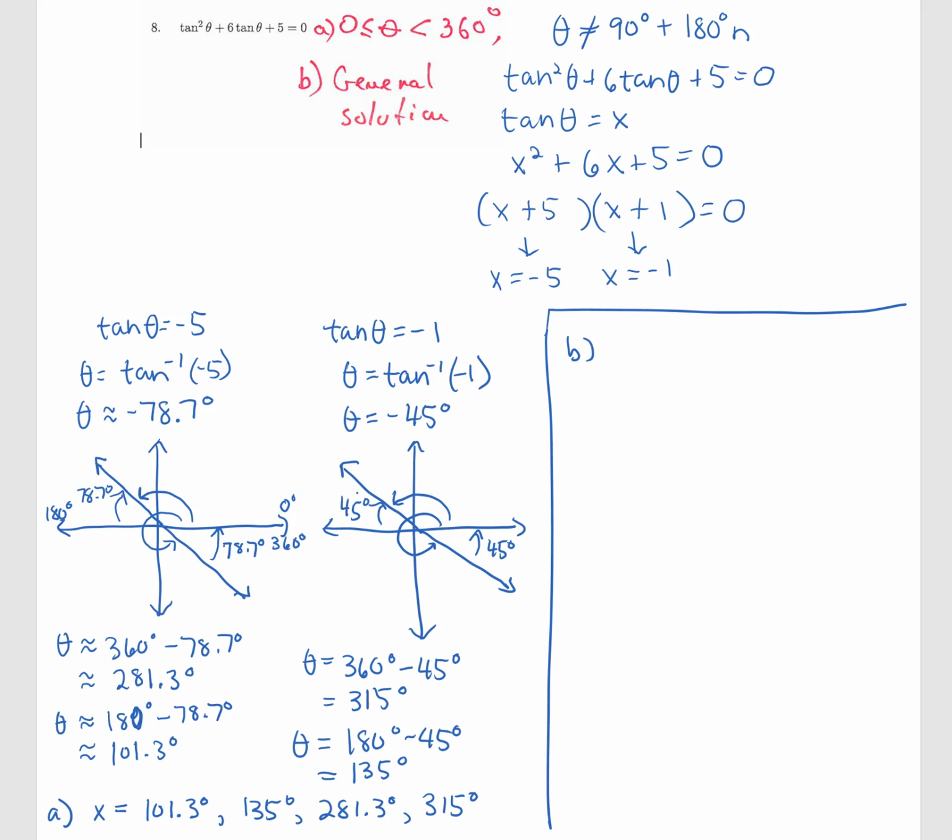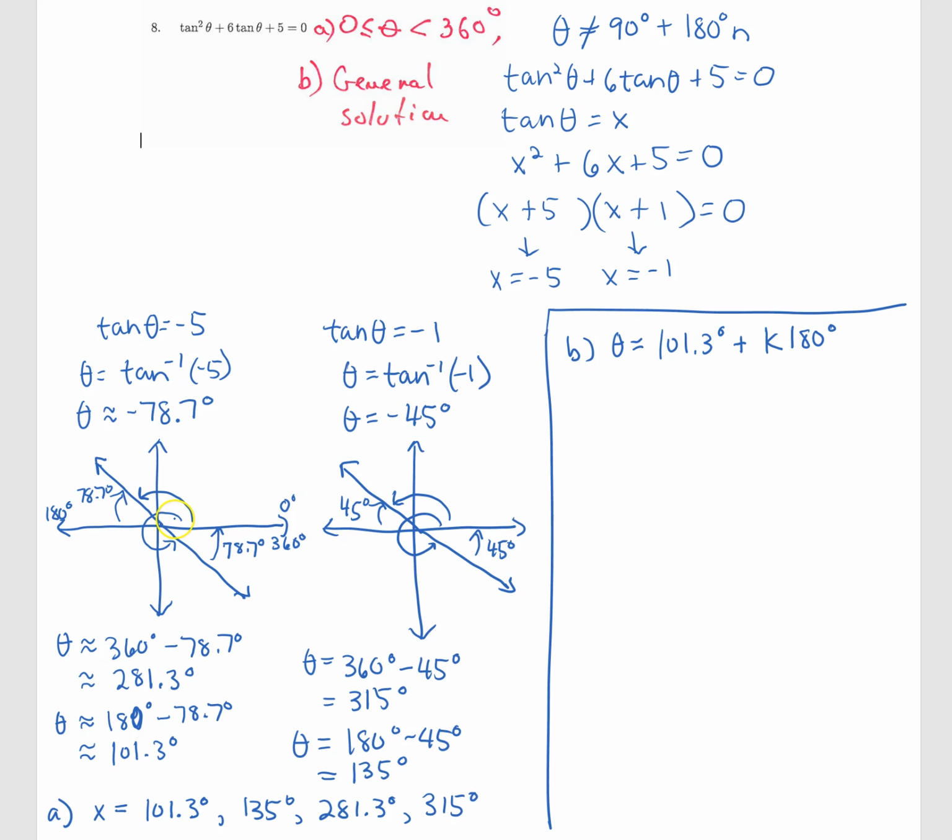So in this first case, what we have is basically theta is equal to 101.3 degrees, and we can express all the other possible angles in this case by adding k, which is any integer, times 180 degrees.